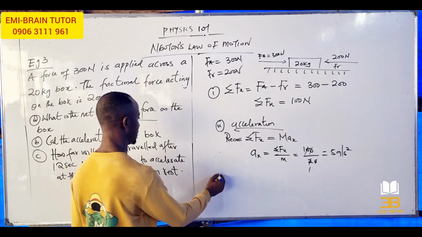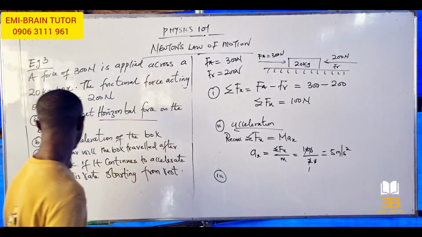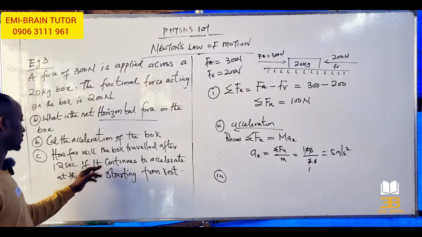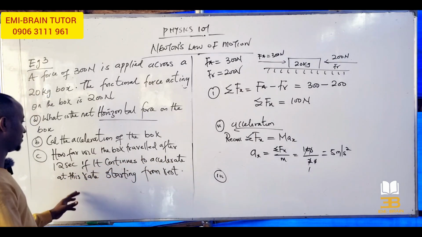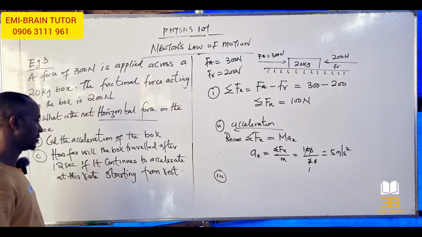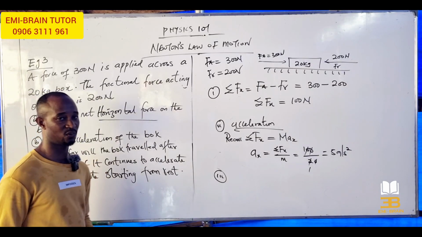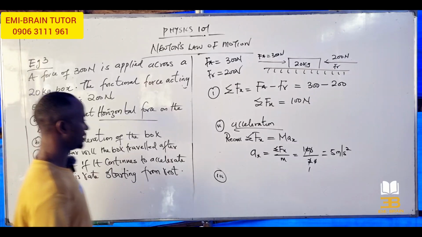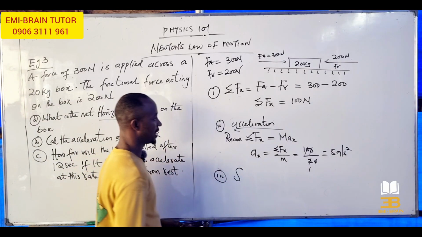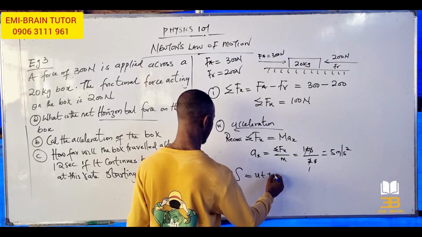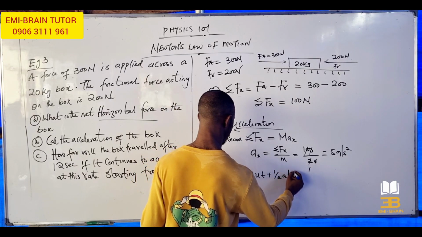Then the third one says we should calculate how far the bus will travel after 12 seconds if it continues to accelerate at this same rate starting from rest. When the body starts from rest, it means that the initial velocity is equal to 0. So how far simply means find the distance. From the equation of motion, distance is given as ut plus half at squared.